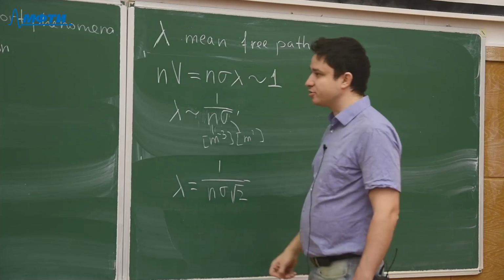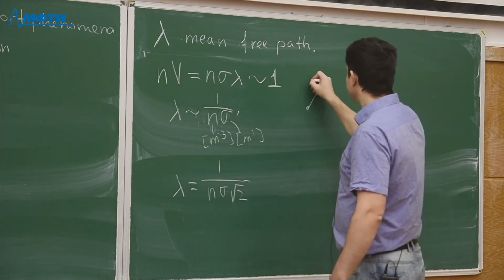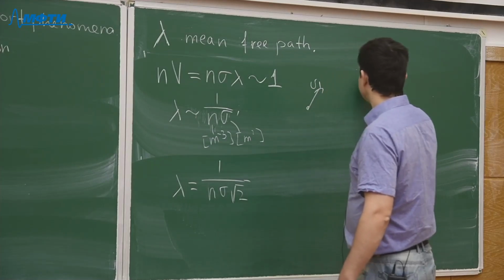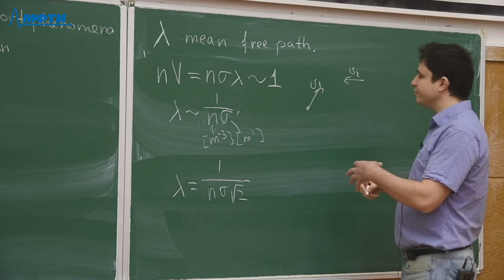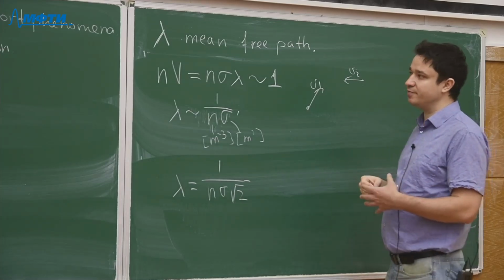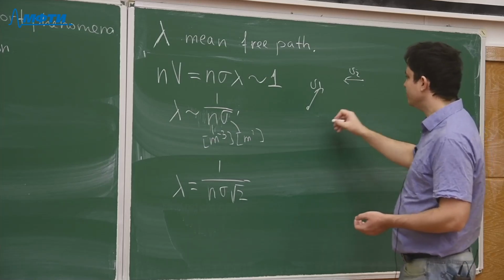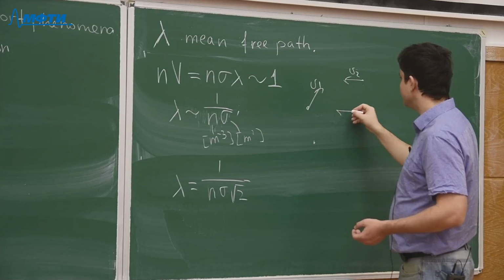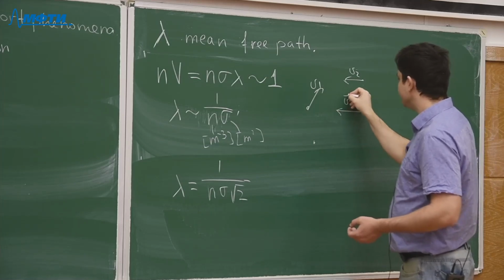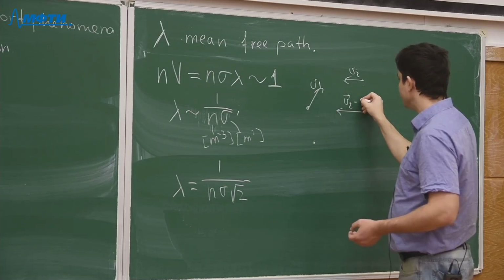The square root of 2 comes from the fact that if you have one molecule moving with the velocity v1 and the other molecule moving with random velocity v2, then if we go into the reference frame in which one molecule is at rest and the other molecule is allowed to move, then the relative velocity of the second molecule with respect to the first one is given by the vector difference, v2 minus v1.